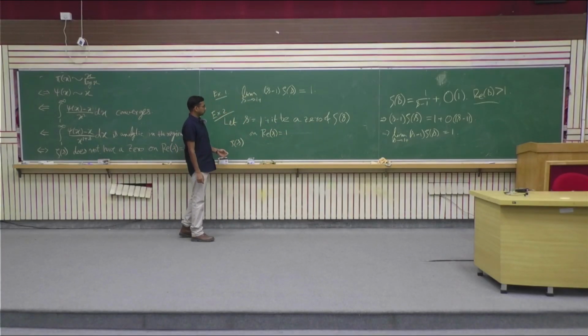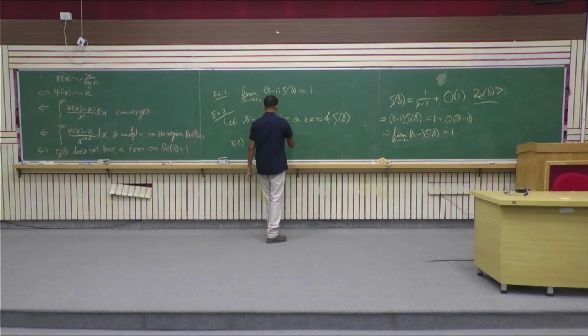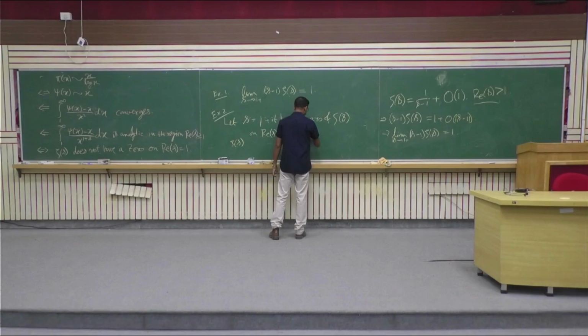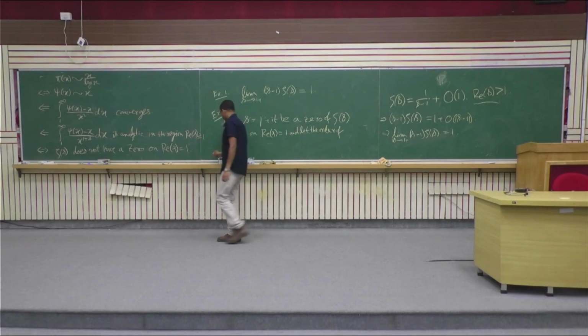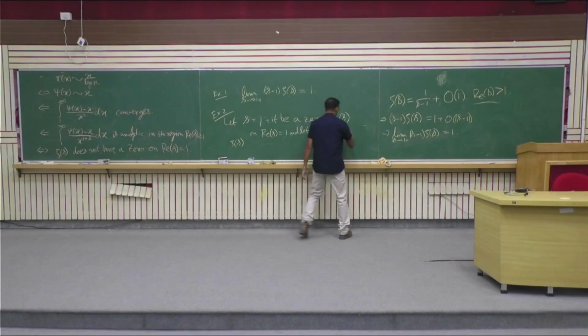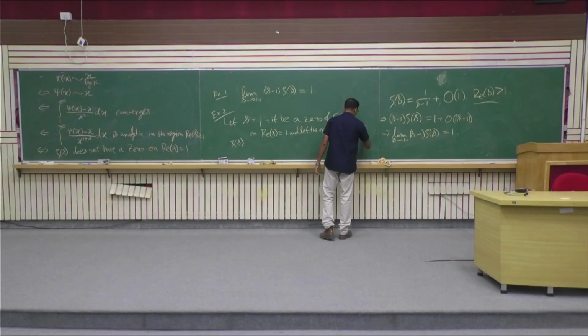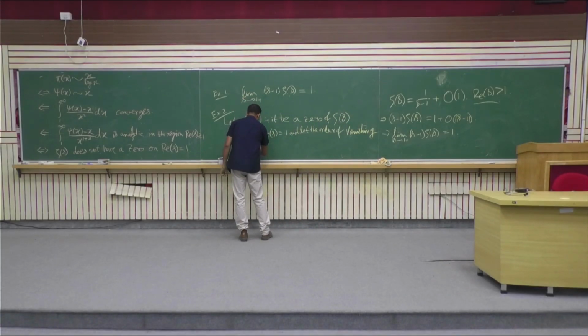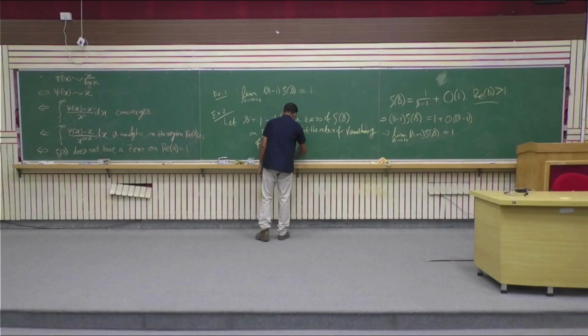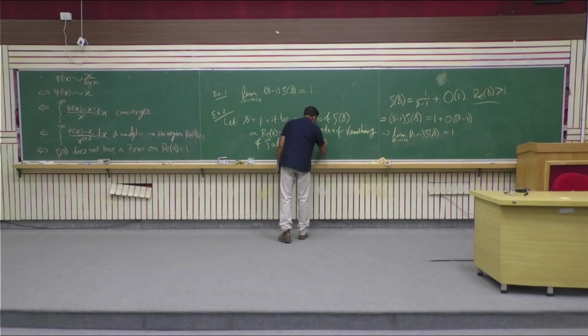In other words, zeta(s) has a zero of order m at 1 plus it.